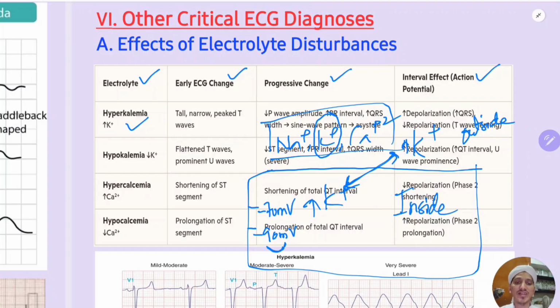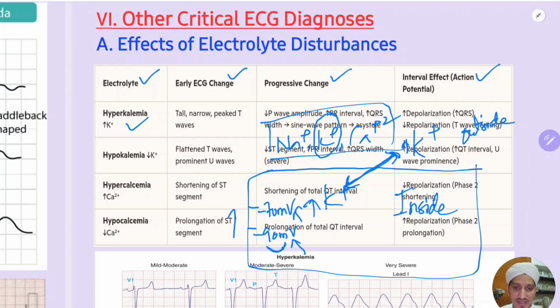When there is increased potassium concentration, the cell membrane potential moves from minus 90 to minus 70 millivolts. Why? The gradient is not maintained, so the gradient is lost. The gradient will reach equilibrium at a new potential, and compared to minus 90, this minus 70 is more positive, no?